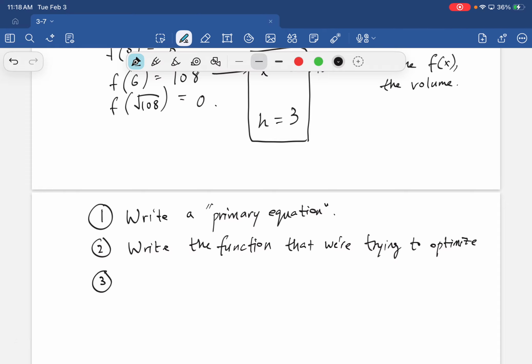Okay, so that's my critical number for x.